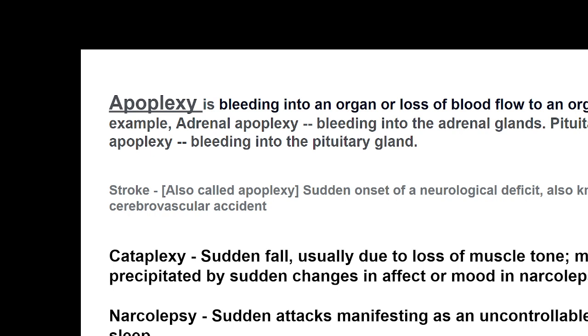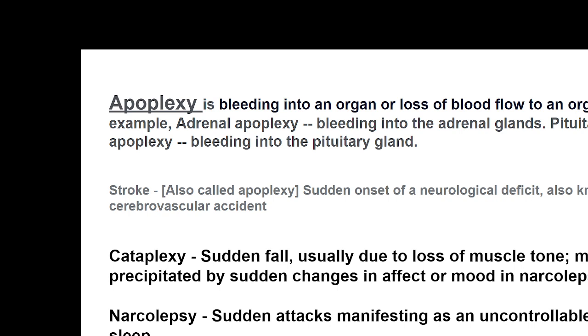We will be dealing with stroke in detail next, where there is a sudden onset of neurological deficit, but which is produced due to bleeding into the area. That's called apoplexy. Stroke could be of different sorts, ischemic as well as hemorrhagic. Hemorrhagic stroke may be called apoplexy, but not the other way around. So that's one of the definition issues.